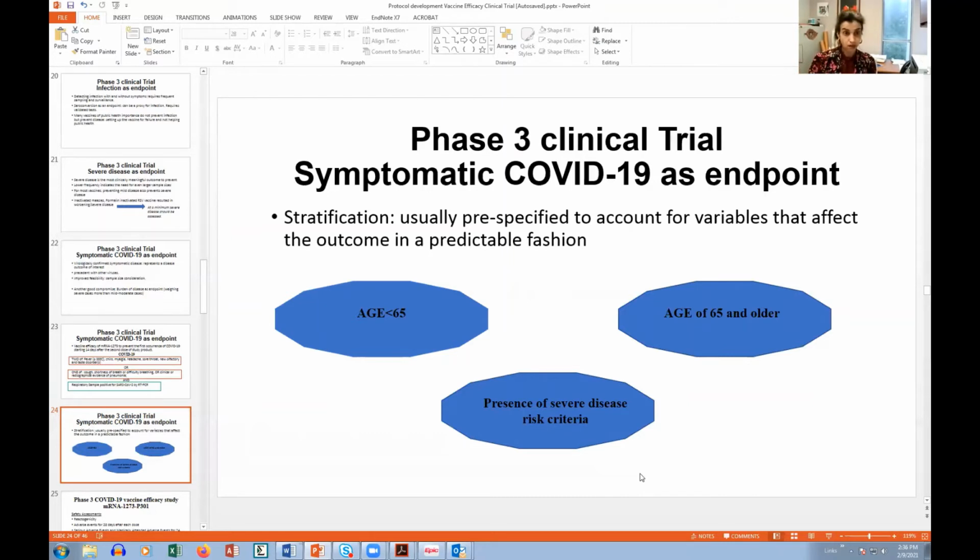More so here because age is such a strong determinant of the outcome in COVID, so the study is stratified by age under 65 and no risk of severe disease, age of 65 and older, or those with presence of severe disease risk criteria, and this included advanced lung and heart disease, diabetes, HIV. I think these were the ones.